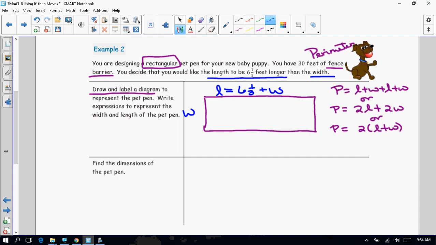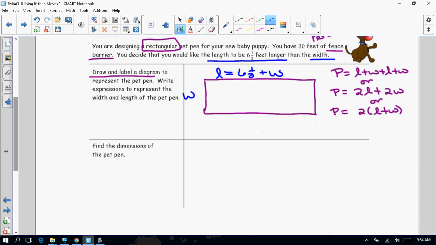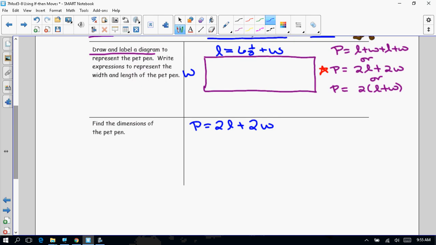So it says find the dimensions of the pet pen. So I'm going to use one of these formulas that are up here. I am going to actually use the middle one, but you could use any one. P is equal to 2L plus 2W. Just going to write it down. Now let's take the stuff that we know from up above in our drawing. What do we know?